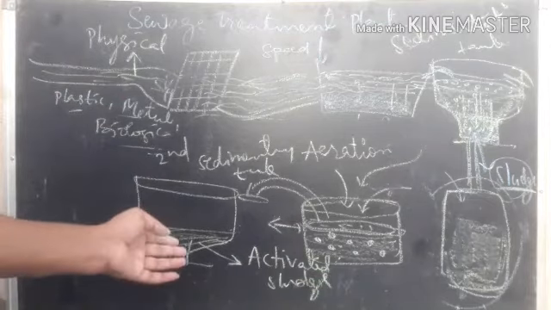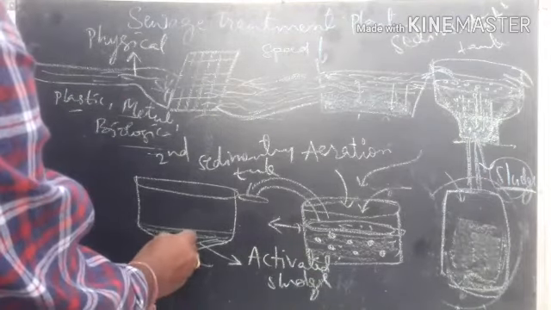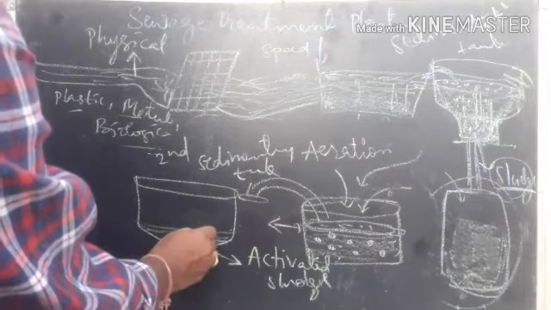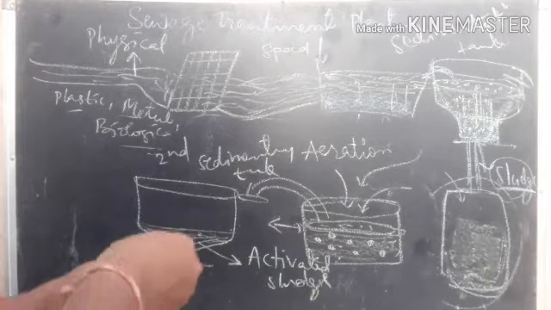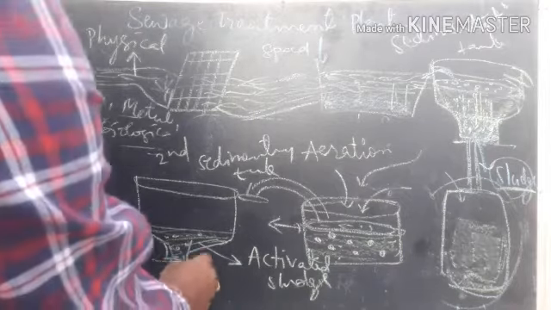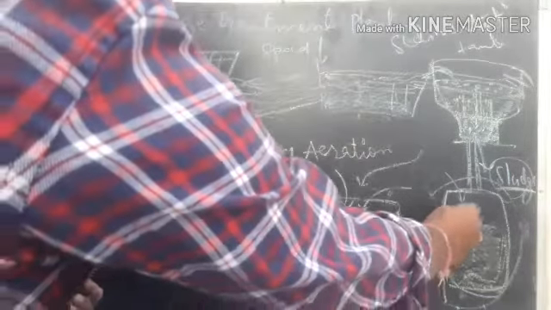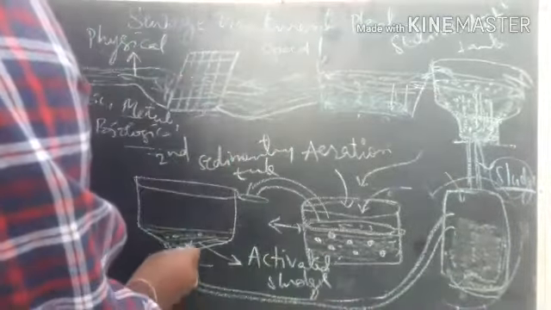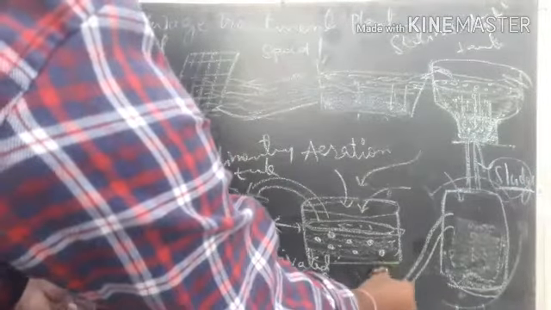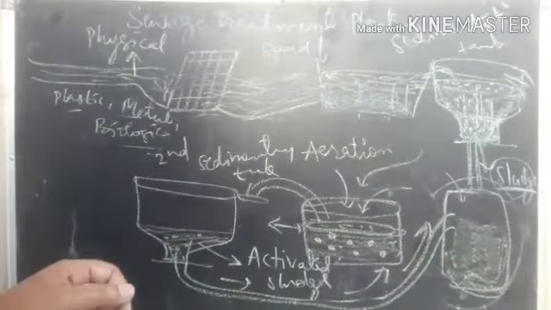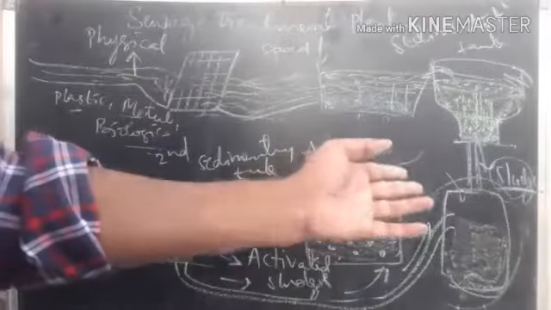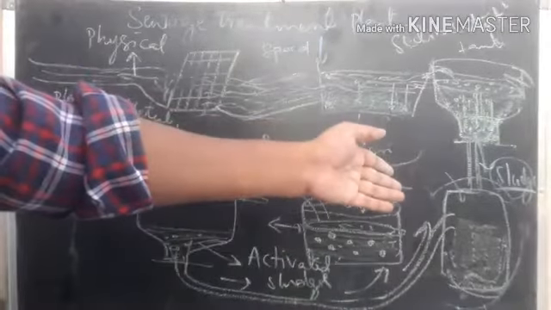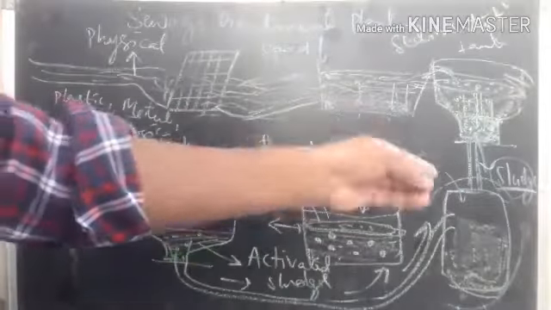Because these are live bacteria, very active bacteria, so they are called activated sludge. Again, this activated sludge is allowed to enter the digester tank, to produce biogas.